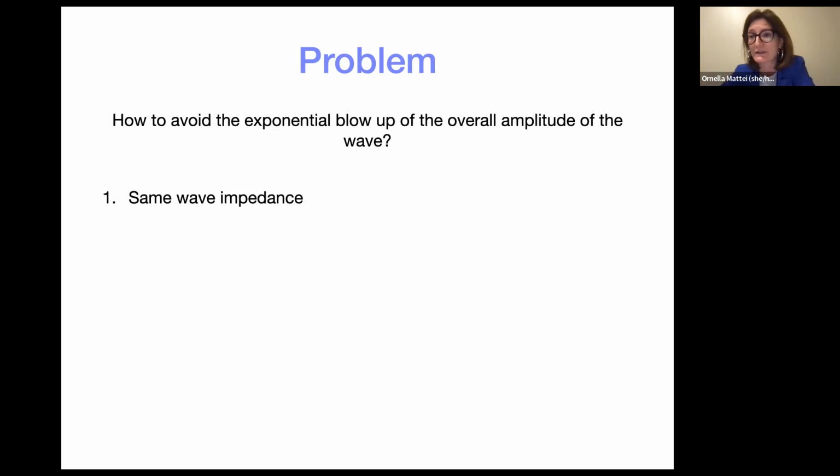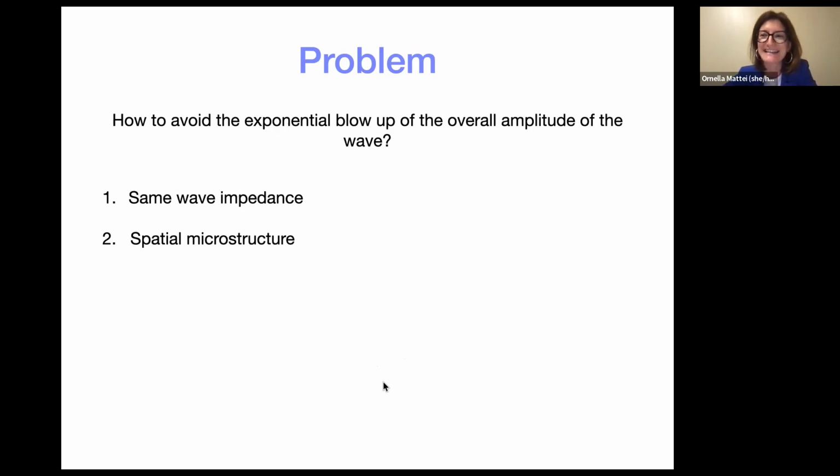So what if the two wave impedances of the two materials are not equal to each other? Well, in that case, what we propose is to introduce a spatial microstructure that is designed in such a way that you will not have the exponential blow up of the amplitude of the wave. This is the question that I tried to answer with my collaborator Vincenzo Gulizzi from the University of Palermo.